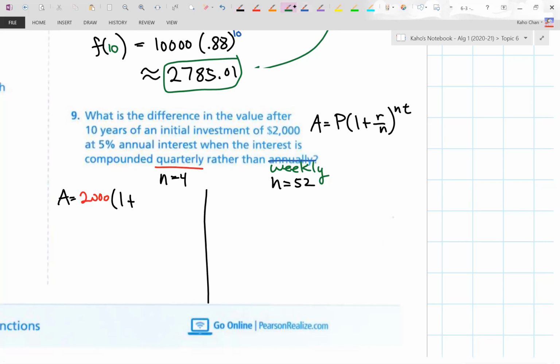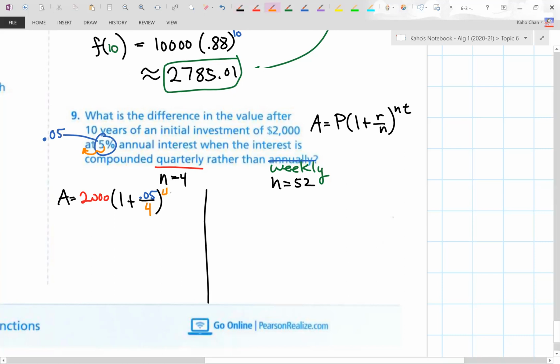We've got to convert that 5%, don't we? 5% is 0.05 when you move it 2 spaces to the left. In our first calculation, divide by 4, to the 4 times 10 years. I wish I'd pick something more interesting besides just 10 years all the time. Okay, we'll punch that in a second.